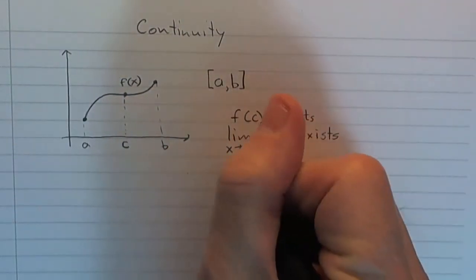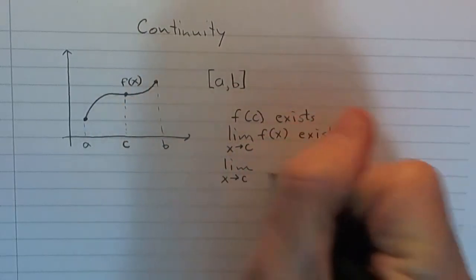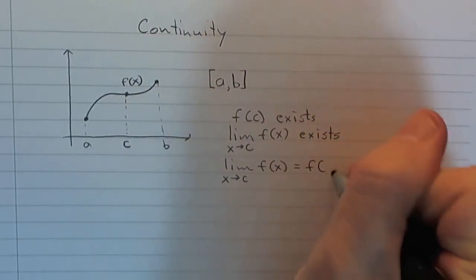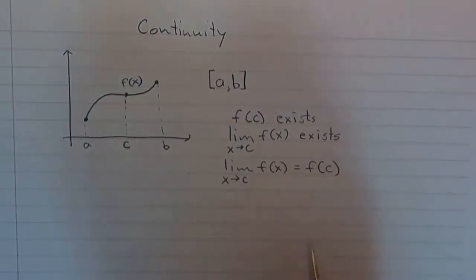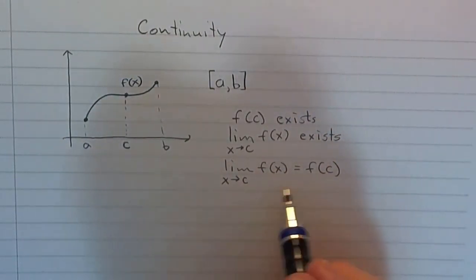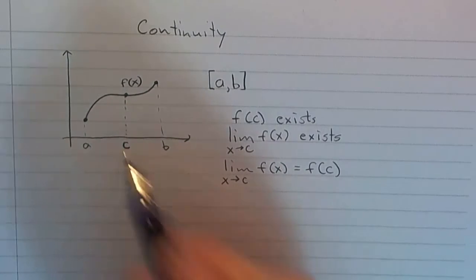And in fact, the limit is exactly the same as just plugging c into the function. So whenever this happens, that's when you know you have continuity at a point.